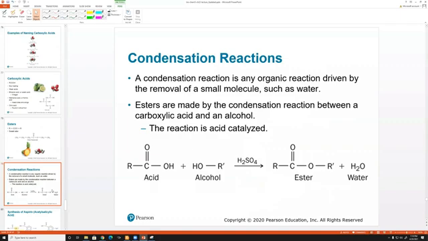And then you can have different types of reactions with acids and alcohols to create esters. This is a dehydration synthesis reaction where the alcohol's OH and the acid's hydrogen come off and bond together, creating water, and then the R group is attached to the remaining oxygen from the acid, which creates an ester.